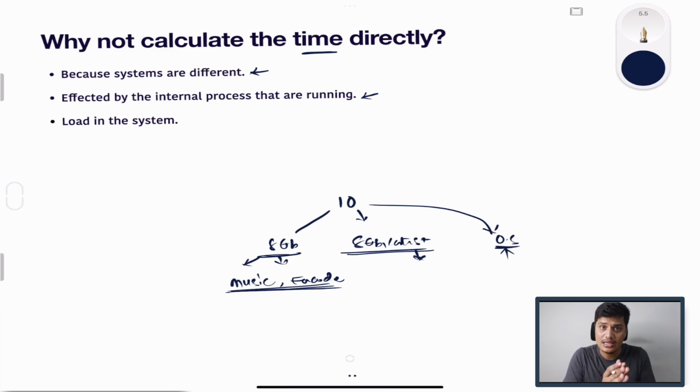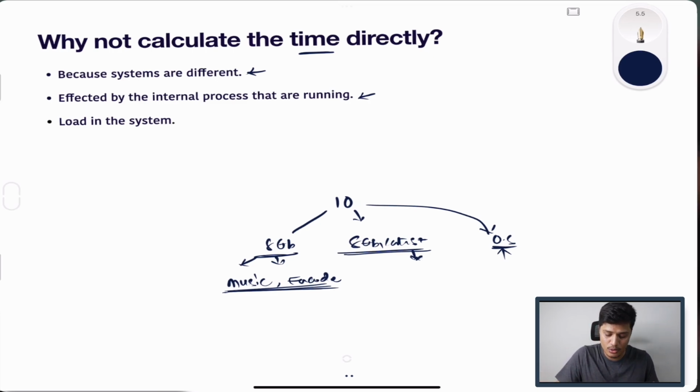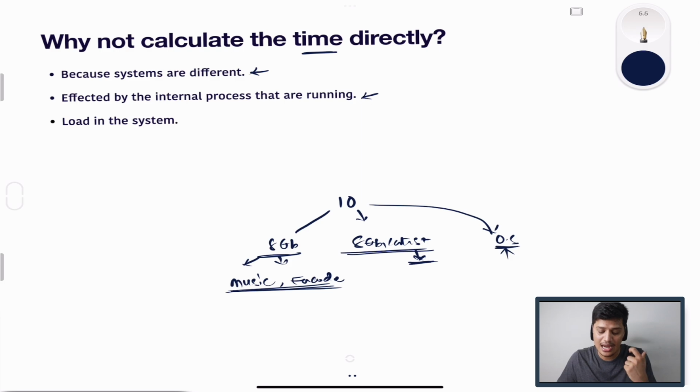All the RAM that is available will be given for the program execution directly. So obviously my program execution will be faster on the 8 GB system which has the latest processor than on the system which is running music, encoding a video, as well as trying to run the program that I have written.